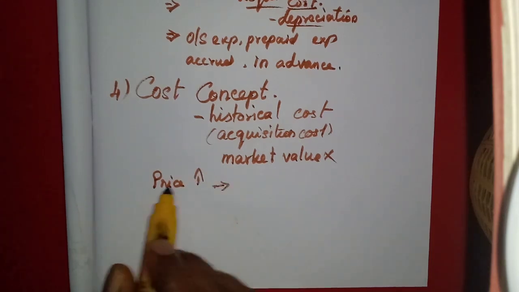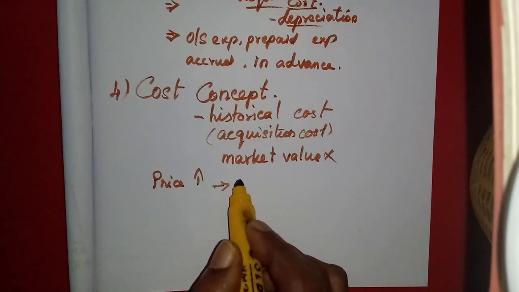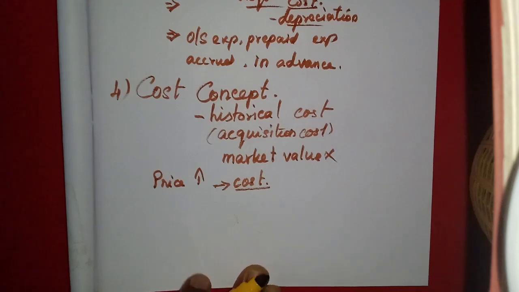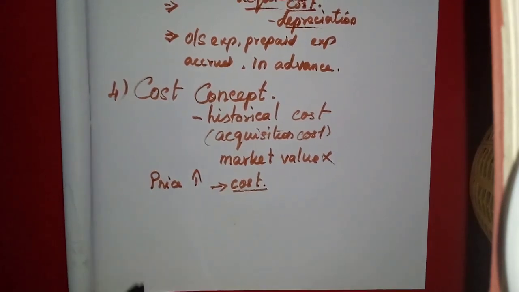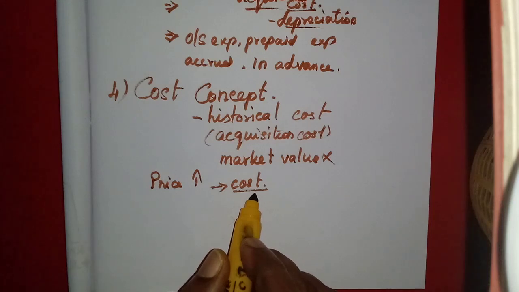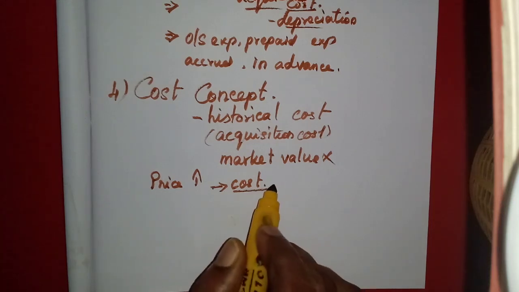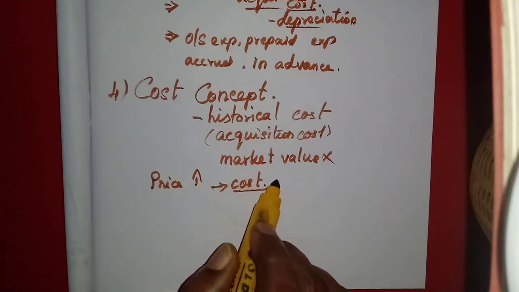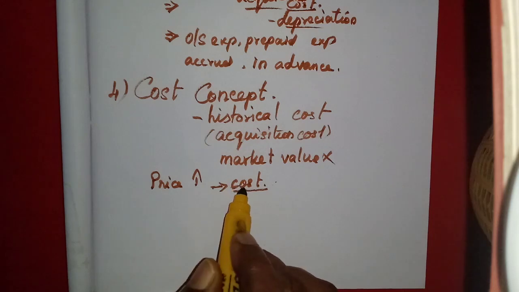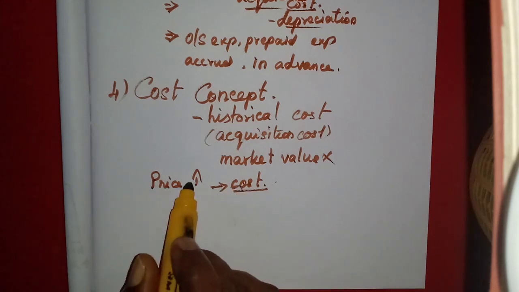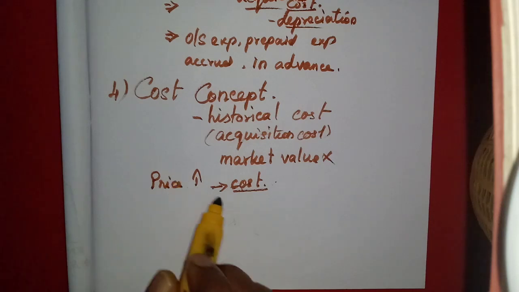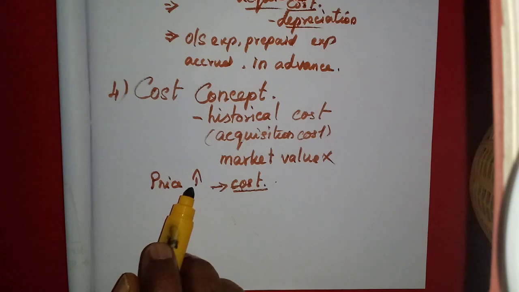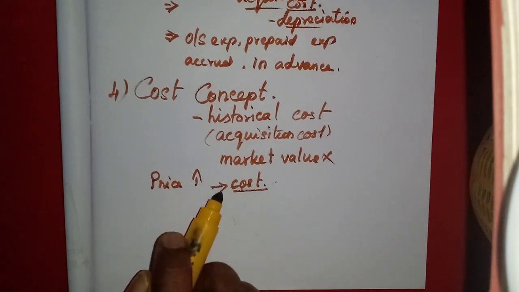So if we record these assets at the historical cost, the original cost, it will not show the actual financial position of the fixed asset, or of the business, because it will be showing very little, but the price of that asset keeps on increasing. We never consider the market price or the increasing value of the commodities.